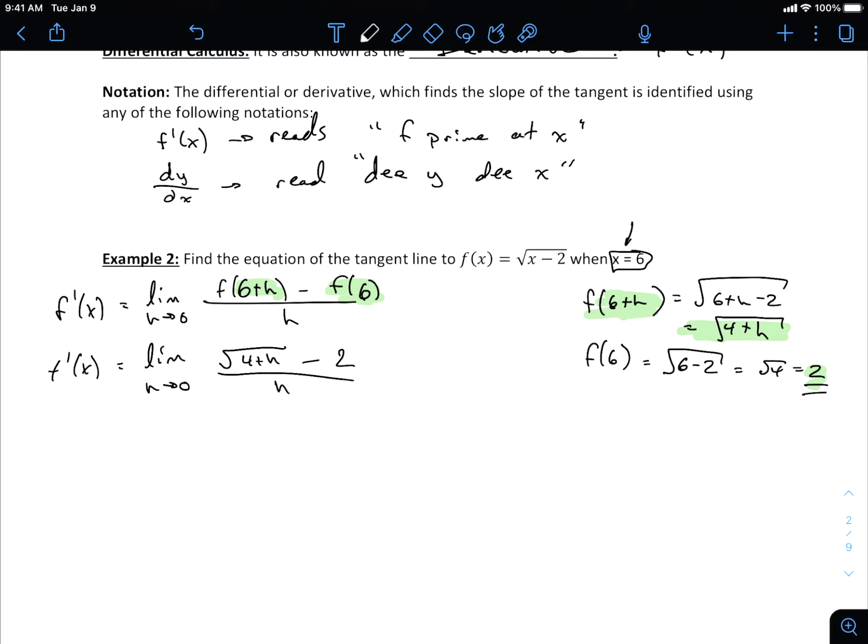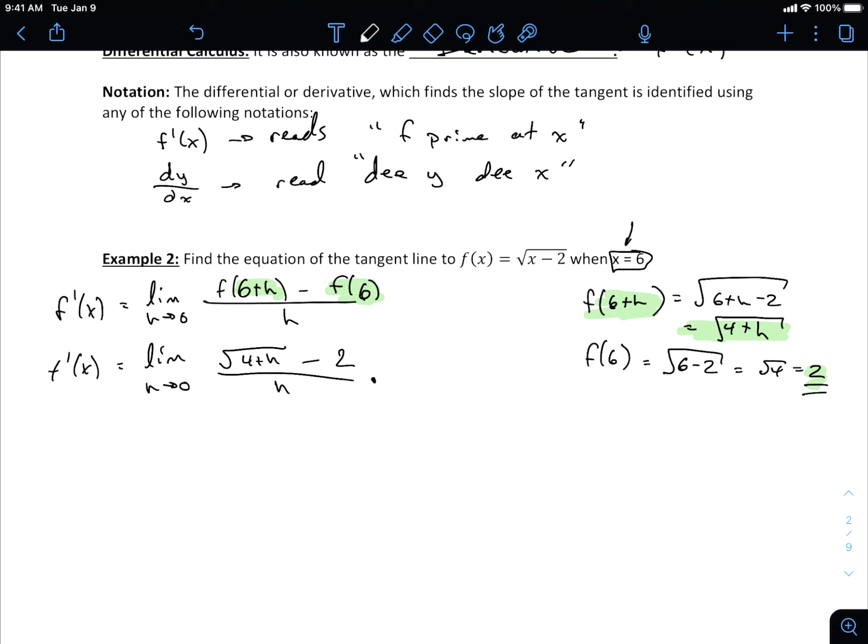If we were to plug in h as 0 right now, we'd still have a problem trying to evaluate that, because I still have the 0 in the denominator. So we're going to have to figure something out, and this gets to what you were doing this morning. Let's rationalize.